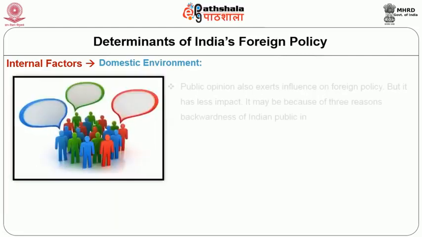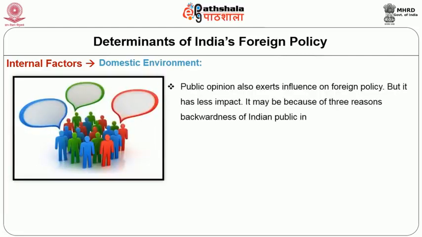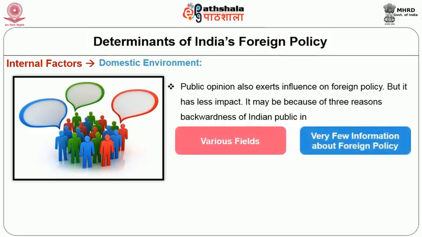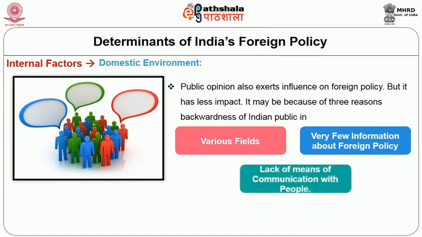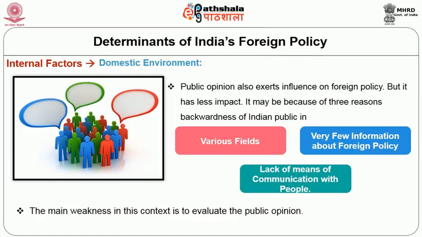Public opinion also exerts influence on foreign policy, but it has less impact. It may be because of 3 reasons: backwardness of the Indian public in various fields, very little information about foreign policy, and lack of means of communication with people. The main weakness in this context is to evaluate the public opinion.